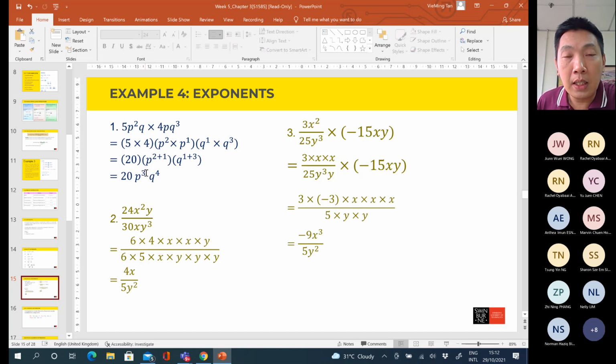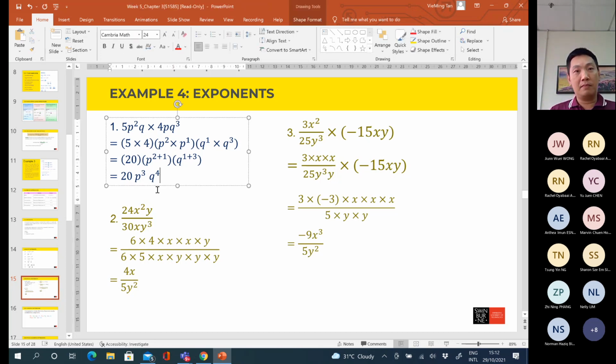You are using the index rule number 1. Then how about Q? The first Q is power 1, then plus the second Q is 3. Simplify, get 4. So this is the simplest. P can be the apple, Q can be the orange. Done. Just using index rule number 1 to solve the problem.